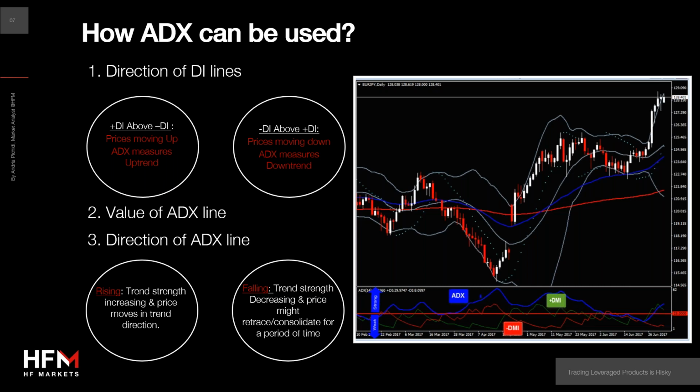However, when the red is above the green, it means the bears are in control right now. As with all technical tools, traders use several indicators to confirm a movement, right? So one option is to consider a possible sell position when the red is up and the major trend is down.